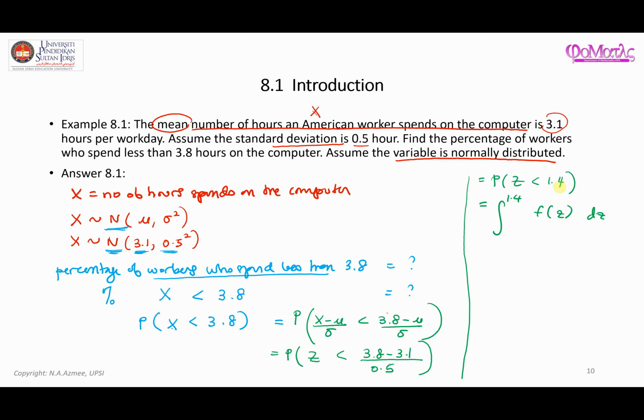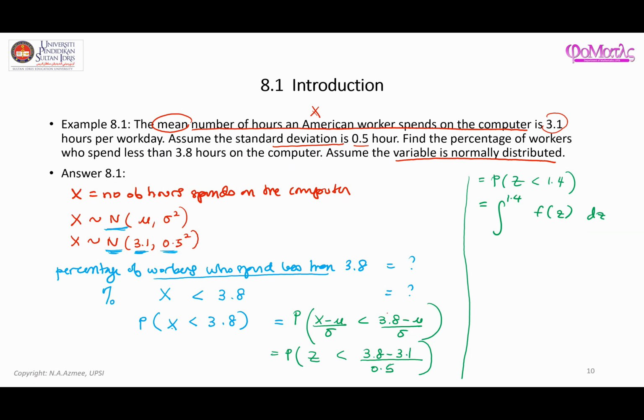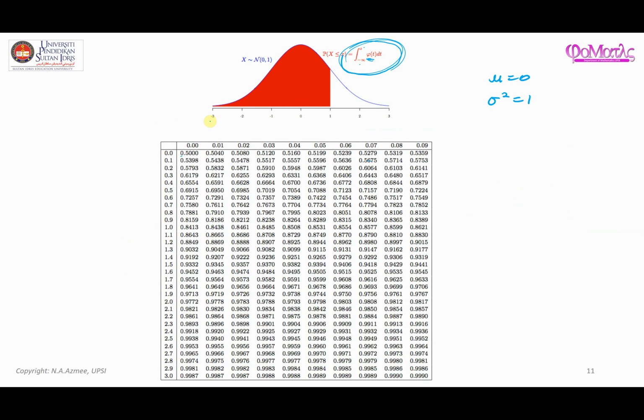And what is the probability density of z? If z is now the standard normal random variable, the probability density is this one. So by right, you have to integrate this function here. And again, we don't have to do this process because the result of the integration has already been given here.